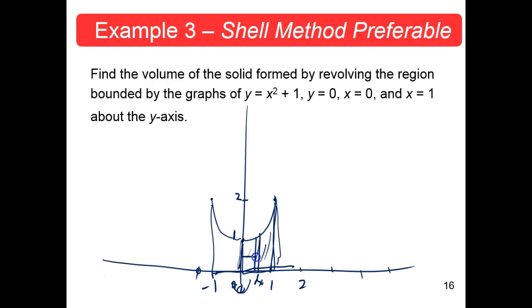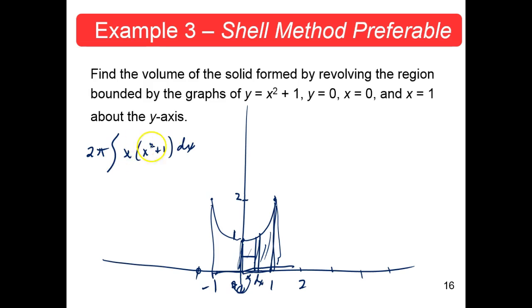Okay. And our radius here is x. So our integral here is 2 pi times the radius, so the 2 pi on the outside, times the radius of x, times the height here. There's the height, x squared plus 1, and then the thickness is dx, okay?